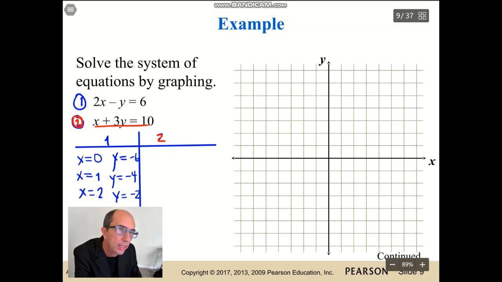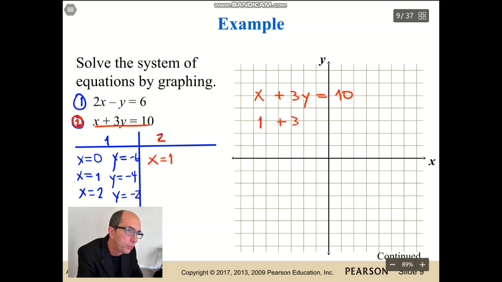For x equals 1, we will have x plus 3y equals 10. Plugging here x equals 1, 1 plus 3y equals 10. That means y equals 9 divided by 3, 3.